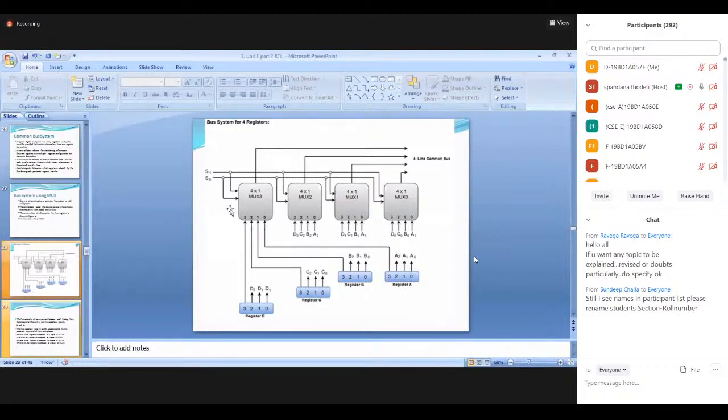Now see the construction. What are the inputs given to these multiplexers? The 0th input of all the registers is given as input to the 0th multiplexer. Similarly, the first input of all the registers is given as input to the first multiplexer.